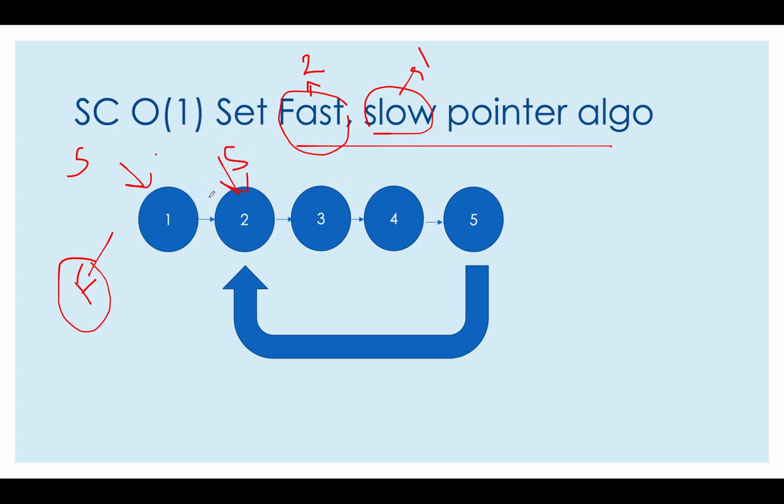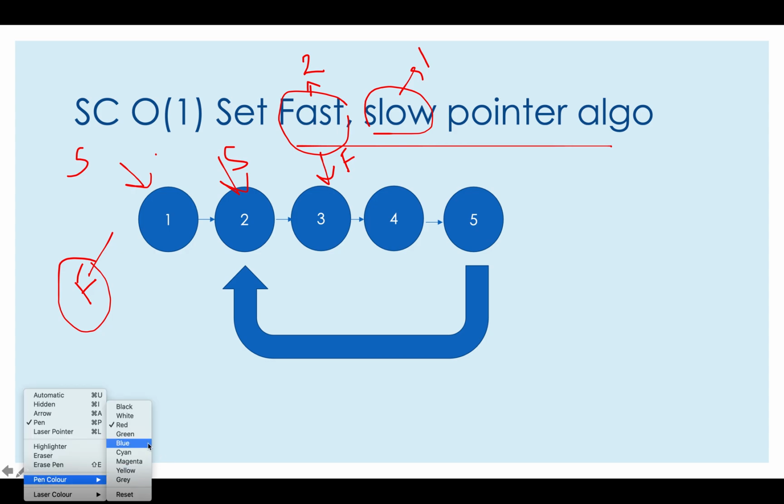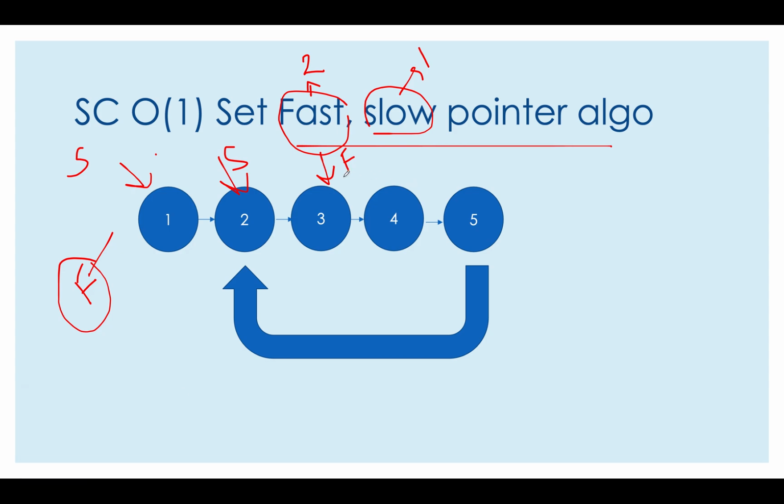fast gets to the next place, fast to this place, and again let me change the color of pen. Again slow moves to the next place, so this slow gets here, and this time fast moves two places ahead, this and this.